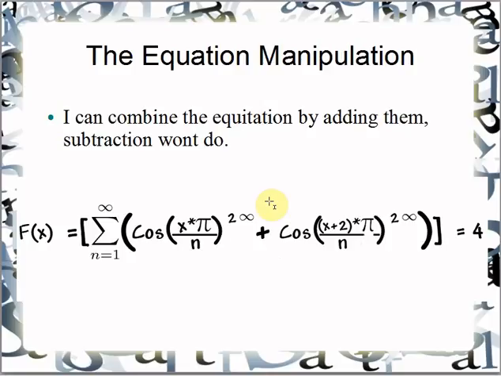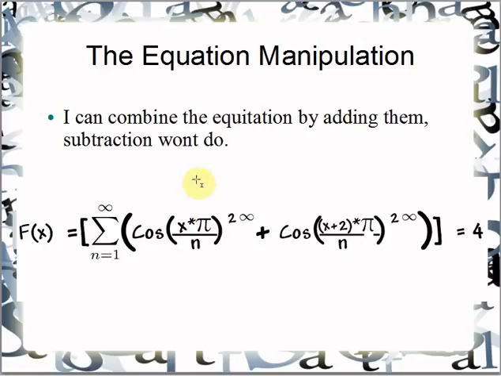So combining the two equations by subtracting them won't help much, because it might solve for values other than prime numbers. As it turned out, adding them is a pretty safe bet. If I add the two equations together, I pretty much get this: the sum from 1 to infinity of cosine x plus cosine x plus 2 is equal to 4.